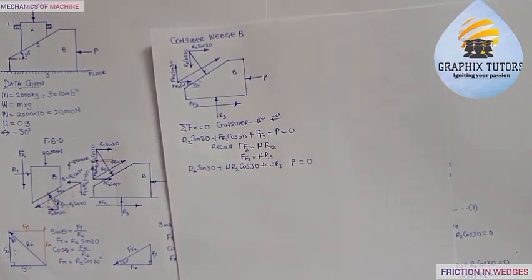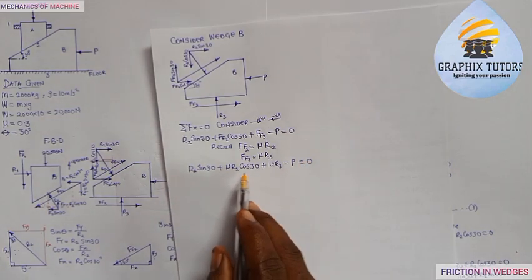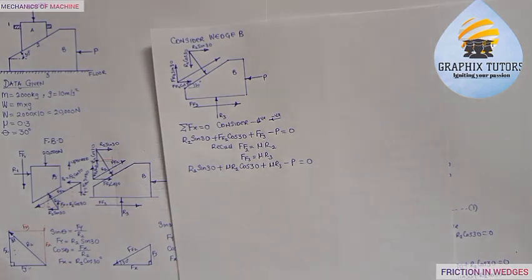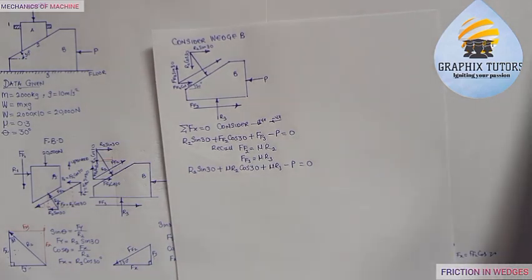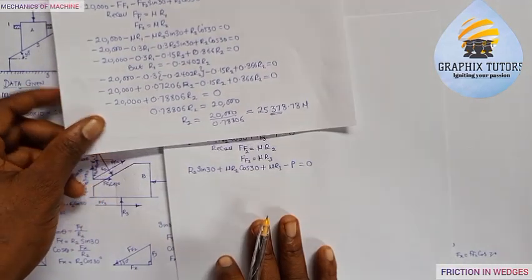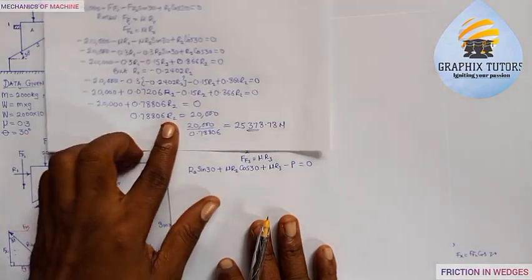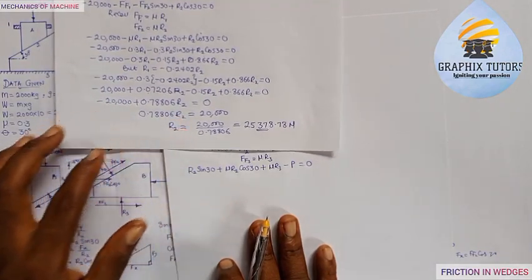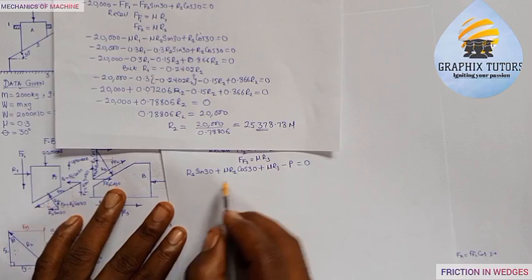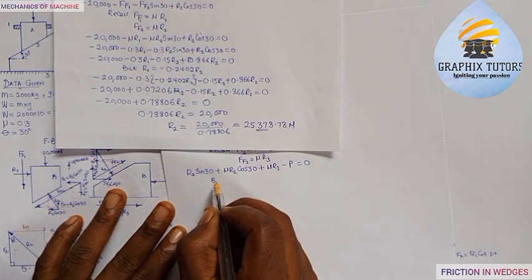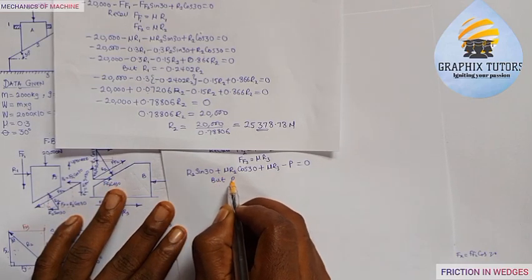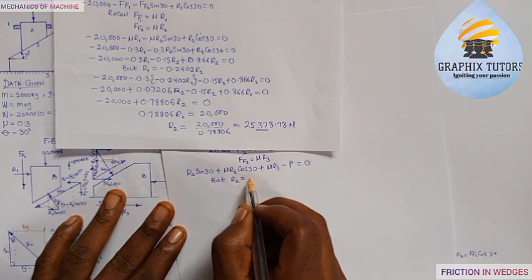Now if you look at this very well, we already have the value of R2, right? The value of R2 is what we gathered here from this point here, and that is 25,378. So I'll implement it here and I say that, but R2 is equals to what?